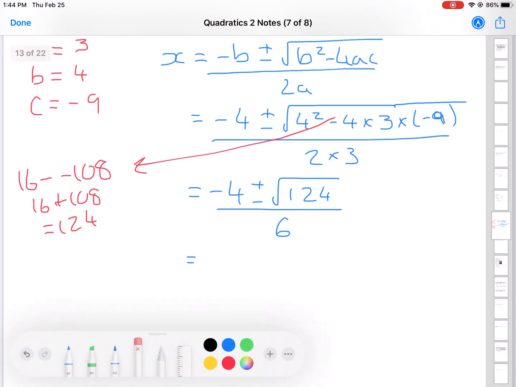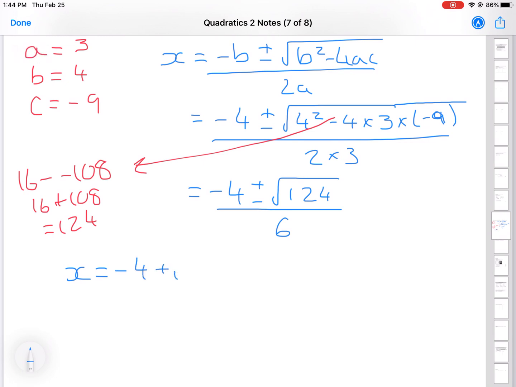So once we have this all tidied up, then we split up our two values of x. One value of x is negative 4 plus root 124 all over 6. And the second value of x is negative 4 minus root 124 all over 6.